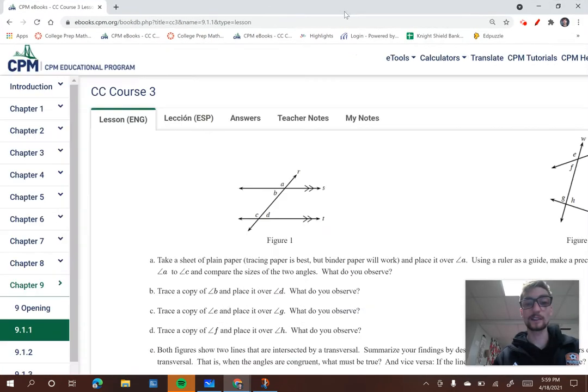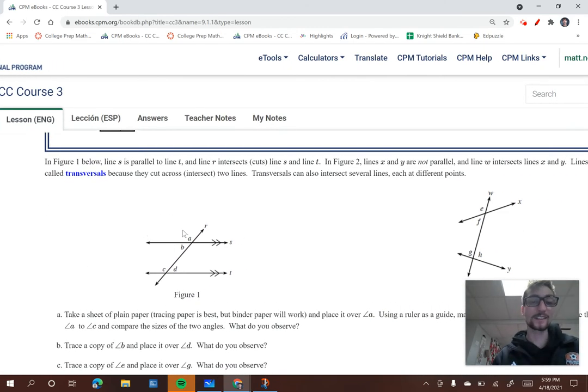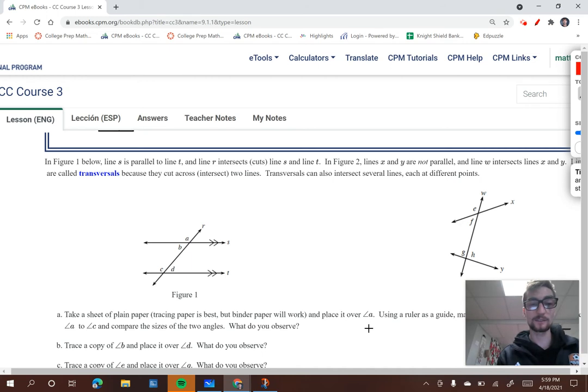And this is where it gets to be something new for us. There's a word called transversal. A transversal is a line that intersects two parallel lines. So one more time, if we're talking about parallel, it's going to be these lines that don't touch each other. They'll go on forever and ever, and they'll never touch.